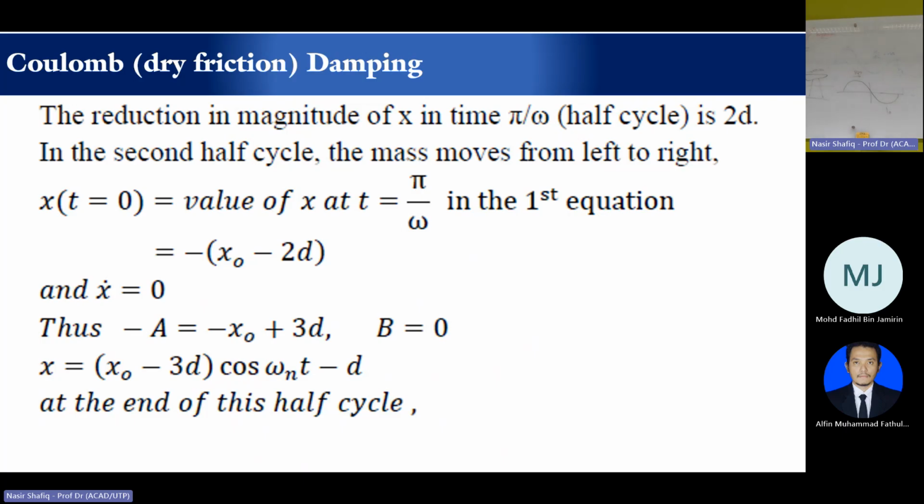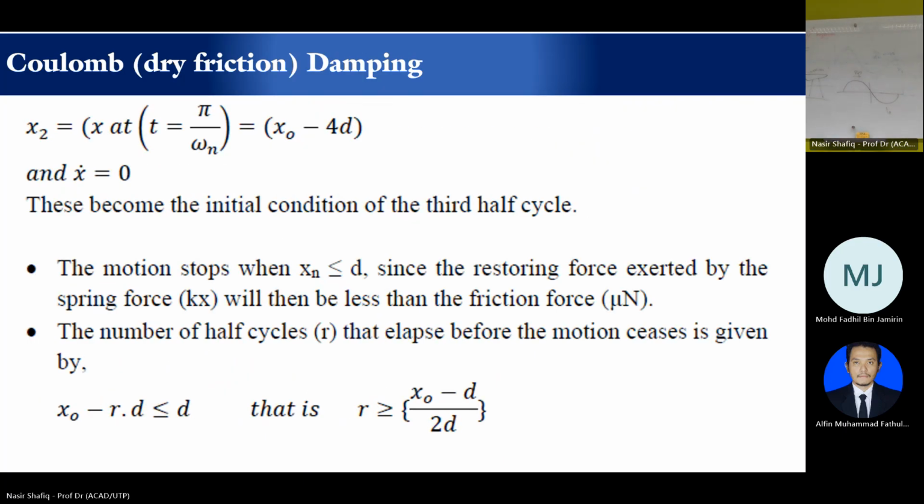The reduction in magnitude of amplitude in time for half cycle is 2d. In the second half cycle, the mass moves from left to right. Right? So this velocity will come to 0, and then the equation of the second half cycle.